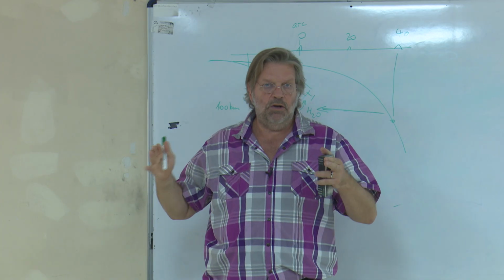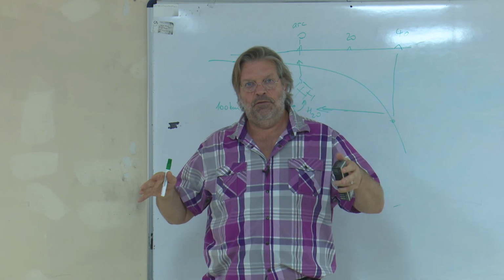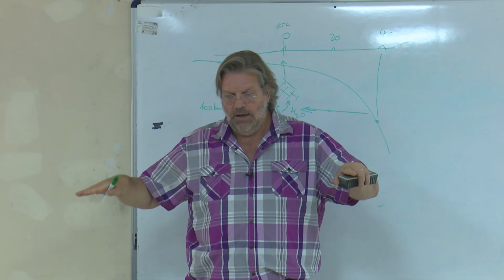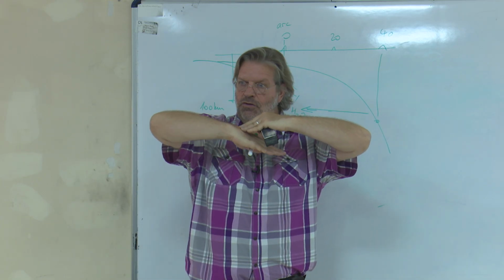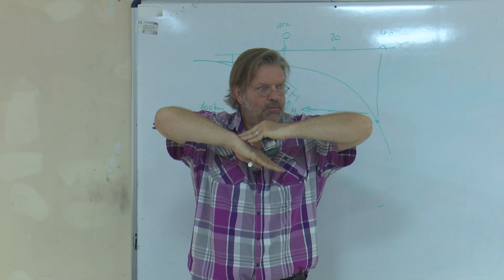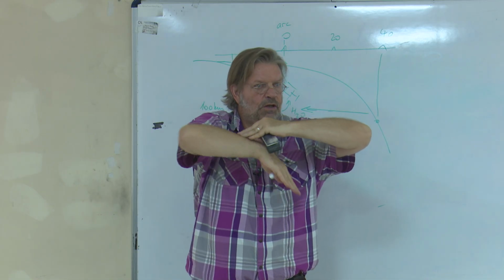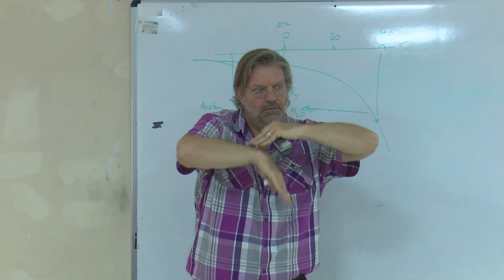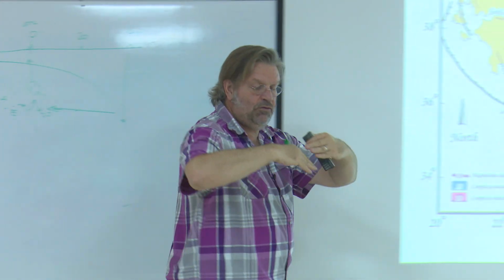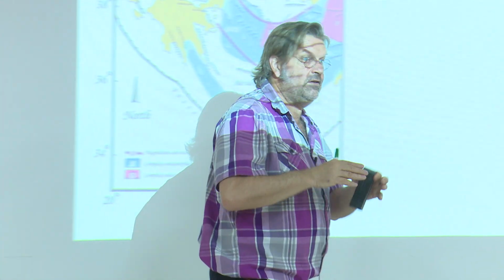Because we know that during that time period, from 40 million years to today, Africa has been converging towards Eurasia. So you can have convergence. My elbows are getting closer to each other, right? But at the same time, retreat. In other words, the point of contact is not fixed.